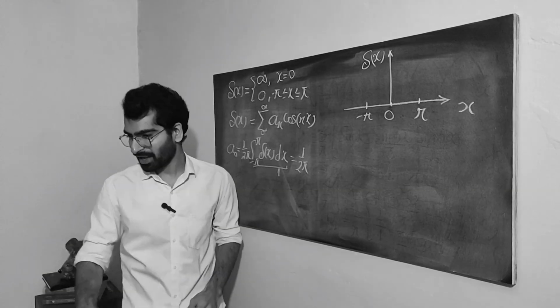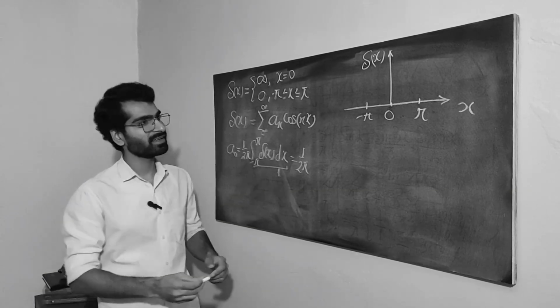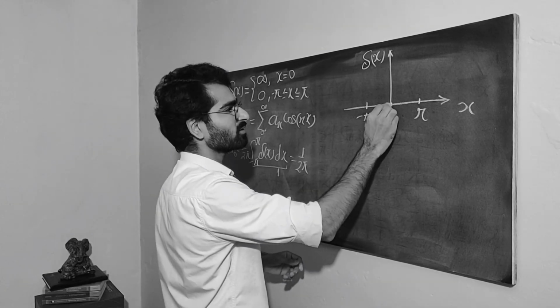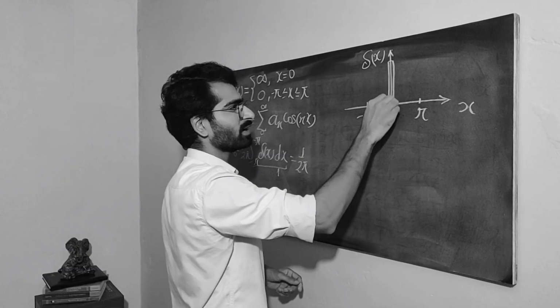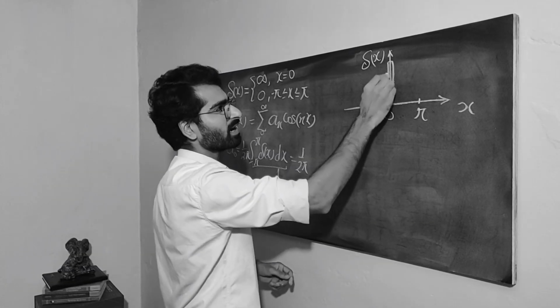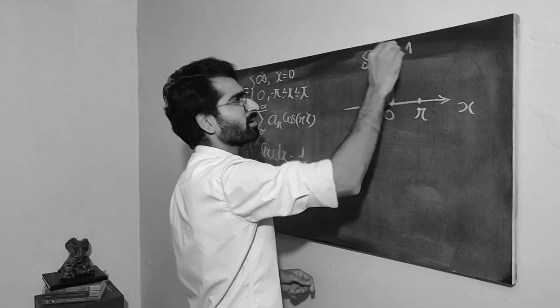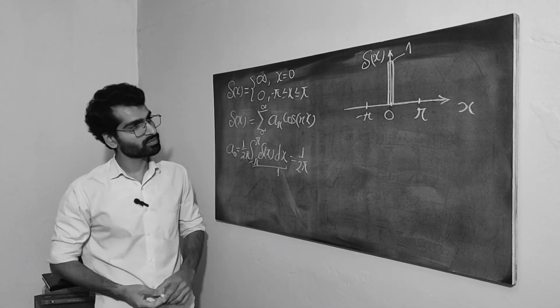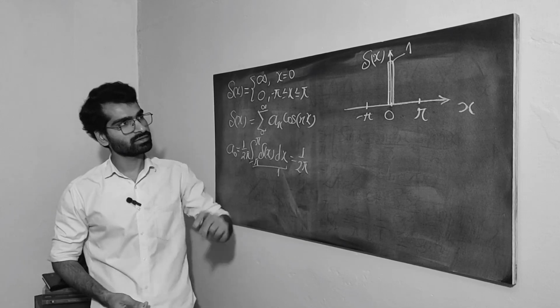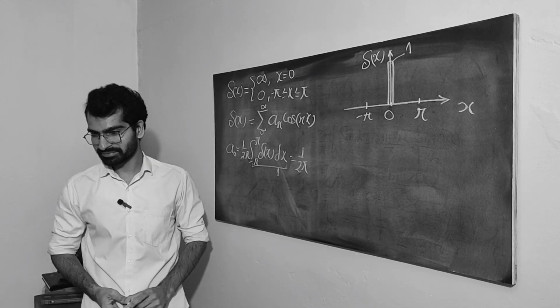And so how do we think of that? Think of a very thin and very high rectangle with the area 1. That's how we think of the Dirac delta function. It's 1, the area under the curve.